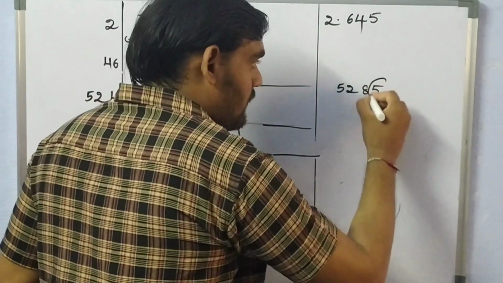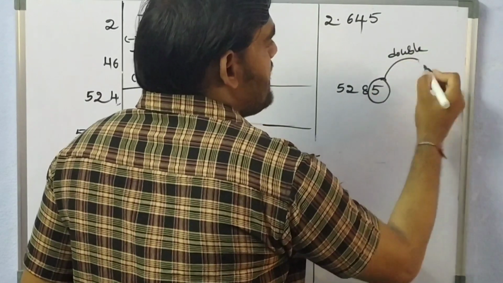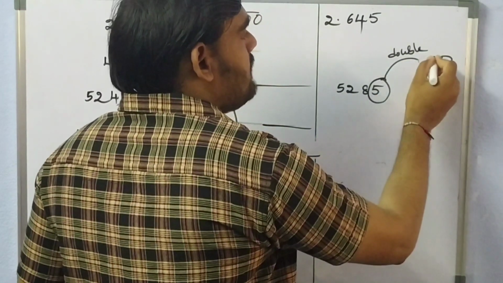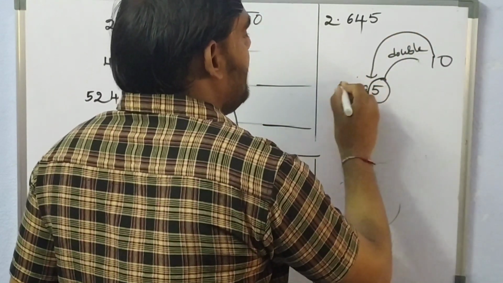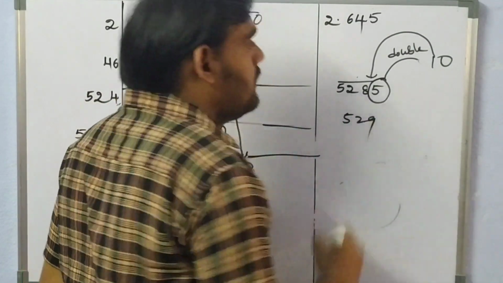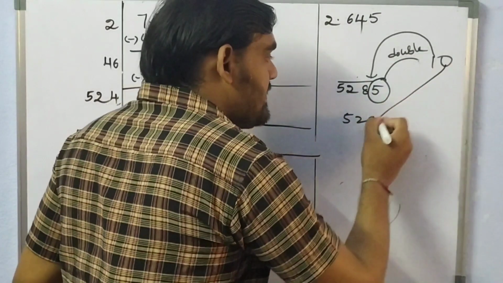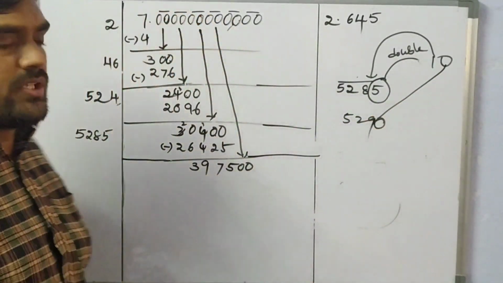Double this one. Double the last digit, you will get 10. So 1 must be given to this entire number. 528 plus 1, 529. So this digit we need to write as it is only. So it will become 5,290.